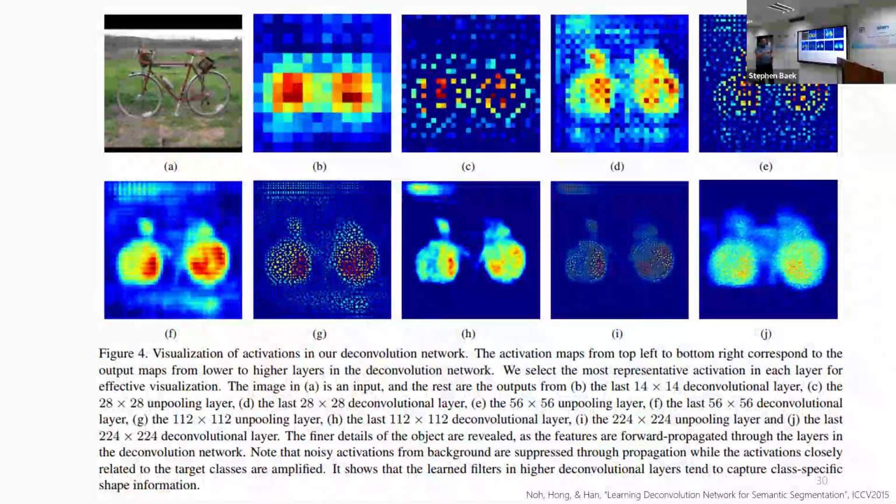So now you have a smooth map like this, and then followed by the bed of nail technique again. So unpool, and then transpose convolution, unpool, transpose convolution, unpool, and then you keep adding resolution, more details, and then eventually you have the probability distribution showing which pixel belongs to bicycle and which pixel belongs to the background. Okay.